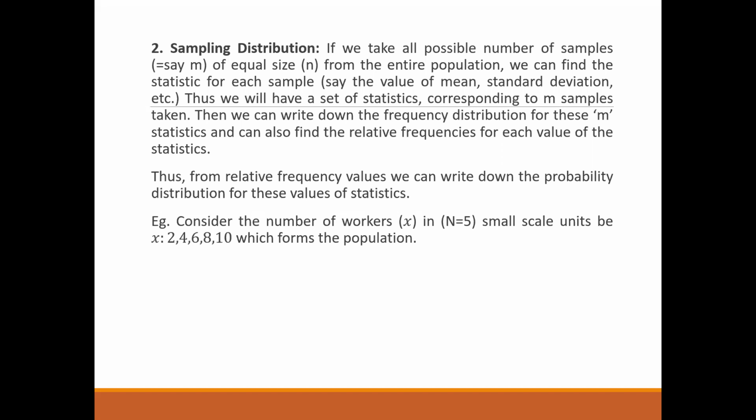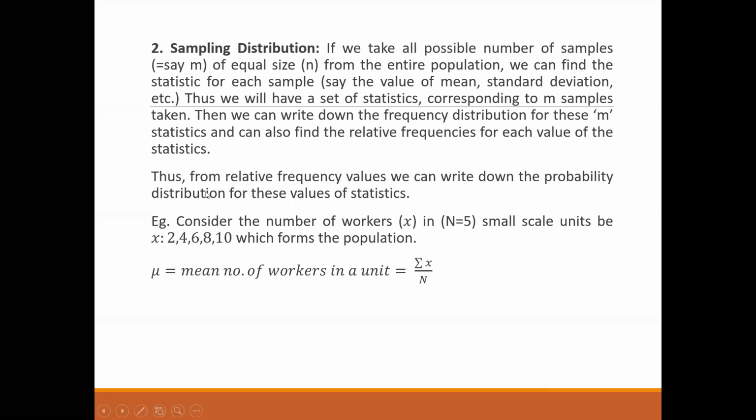Now, to find the mean of the number of workers in a unit, that is mu, we can write the formula as sigma x divided by capital N. So we add 2 plus 4 plus 6 plus 8 plus 10 divided by 5. Now this becomes my one sample. The answer comes to 6.